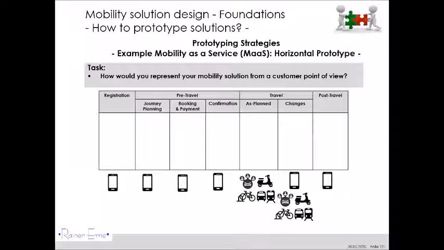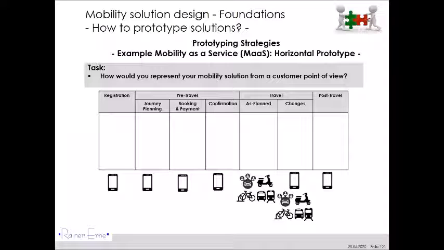So you only take one stakeholder, like the MaaS customer, and go through the phases of registration for a MaaS service. Then the journey planning: where am I, where do I want to go, when do I want to go, which vehicle options do I choose, the booking and payment of the services, then the confirmation, which can be clubbed together into the pre-travel phase.